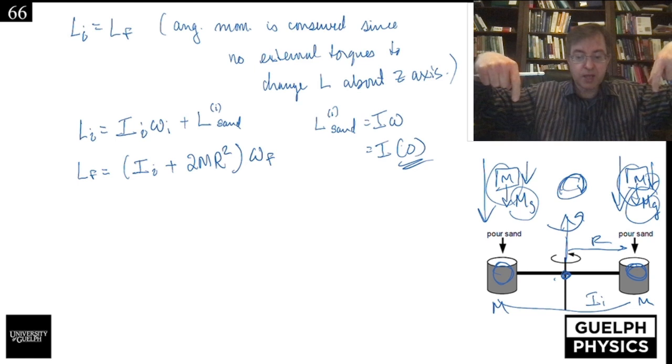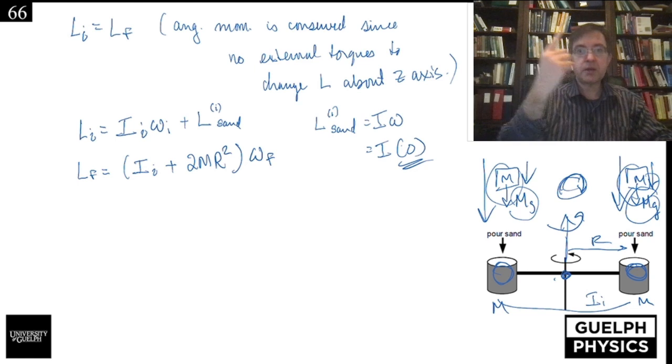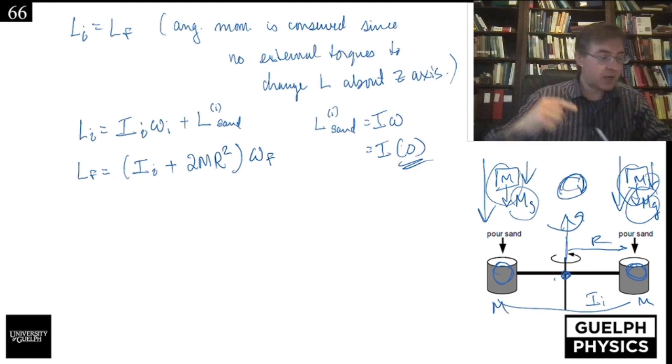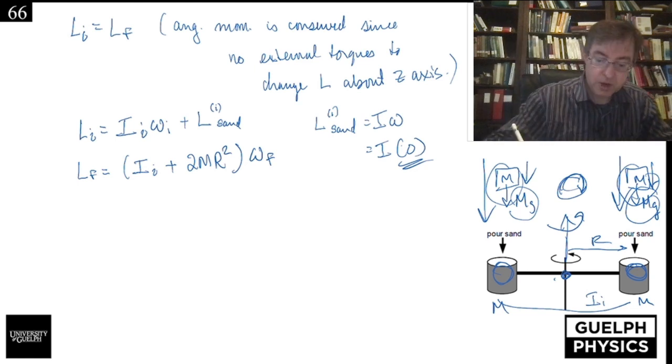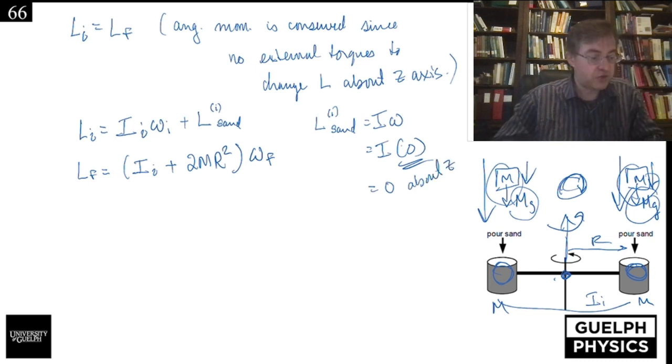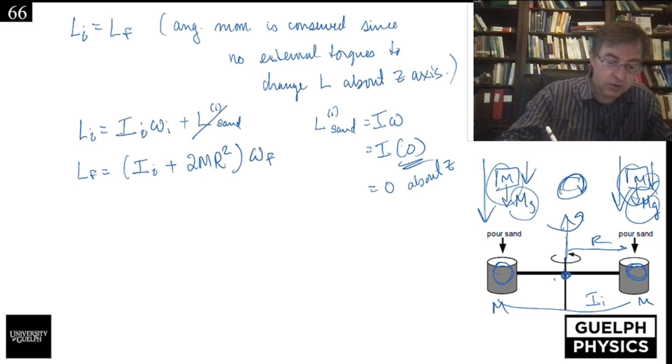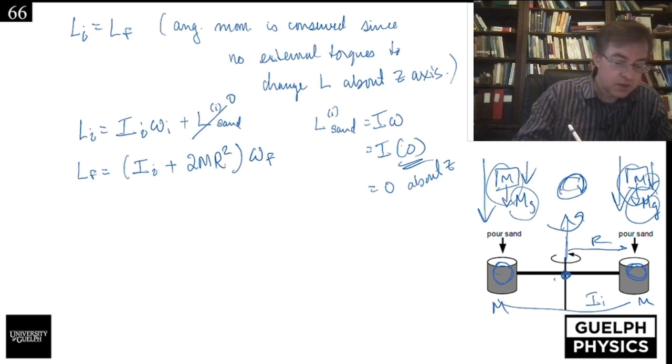It doesn't have any angular momentum around the z-axis in this problem. So the angular momentum of the sand is 0 about this rotation axis, z. And so I can ignore this, and then I can equate these two things.